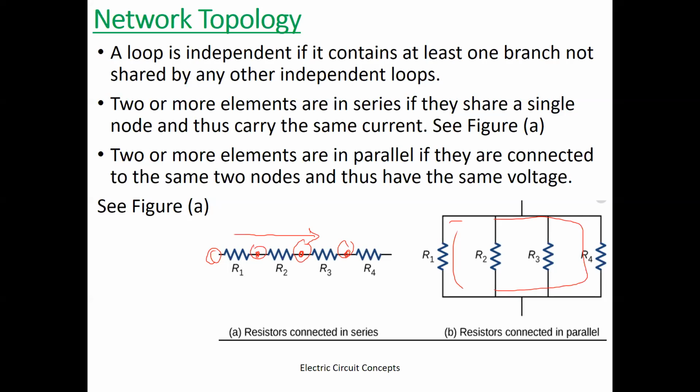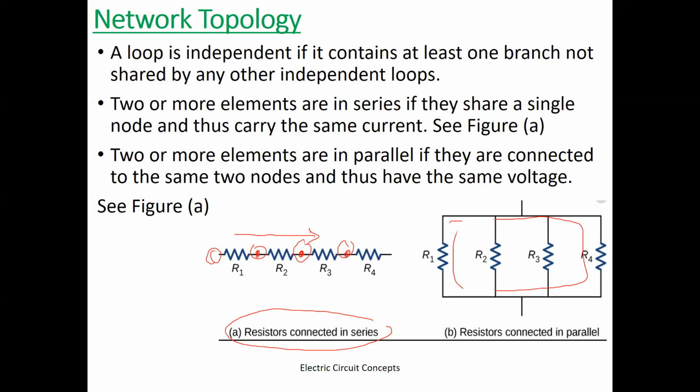Two or more elements are in parallel if they are connected to the same two nodes and thus have the same voltage. Now, this one, it's obvious they are in series because they are sharing only one node, and also the current is the same.